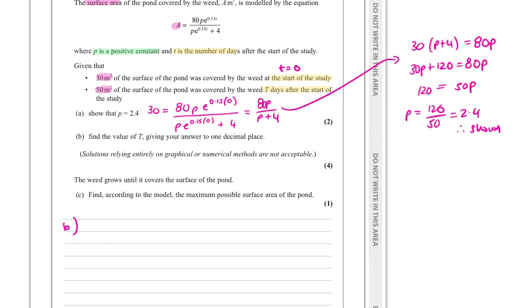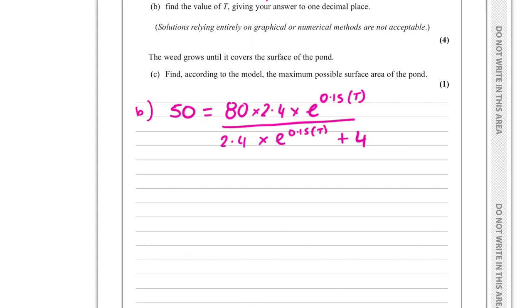Okay, so the value of T. So we know 50 equals 80 lots of 2.4 times e to the power of 0.15t over 2.4 times e to the power of 0.15t plus 4.